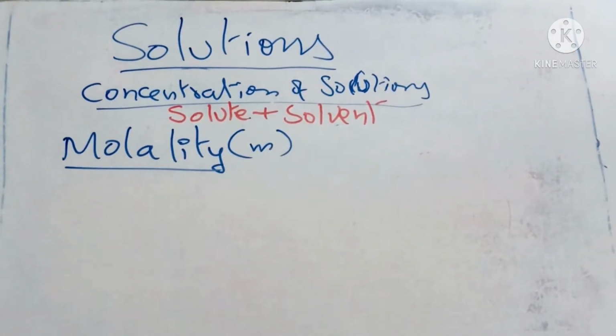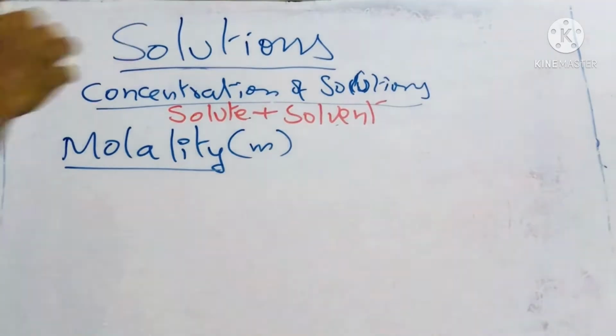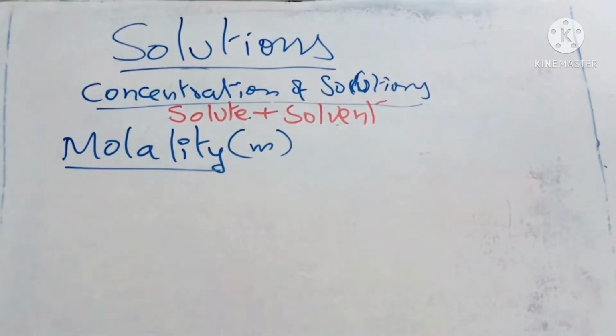Molality is also a simple one. Previously we took the number of moles of the solute per unit volume. Here you take per unit weight, or mass, of the solvent.